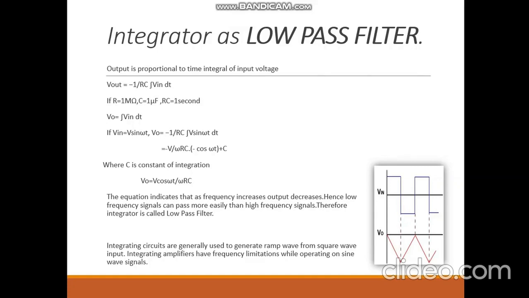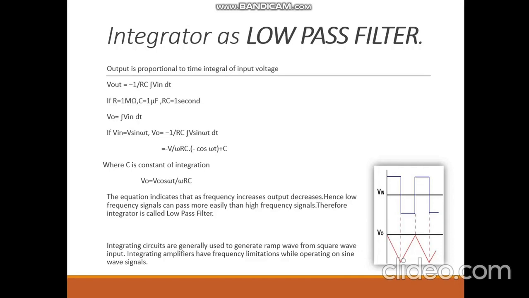So if Vin is equal to V sin omega t, then after integrating Vin, we get minus 1 upon RC integration of V sin omega t dt. So minus V upon omega RC in bracket minus cos omega t plus C, where C is the constant of integration.